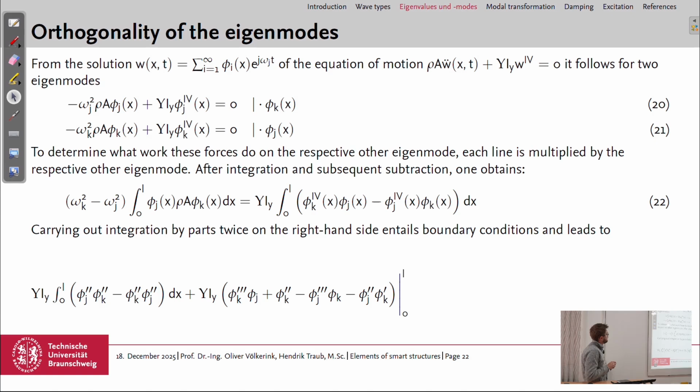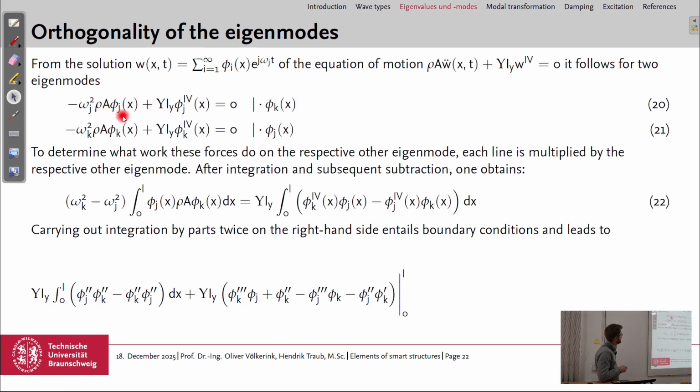From the solution for the wave equation here, the sum again of the description of each individual eigenmode with the oscillation in time with the respective eigenfrequency, we can have this kind of solution for each individual eigenmode.